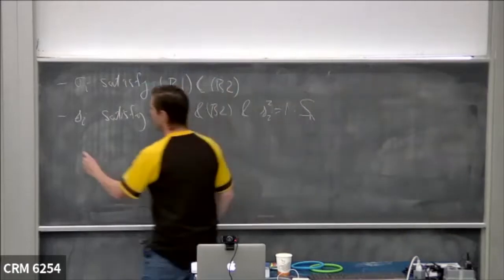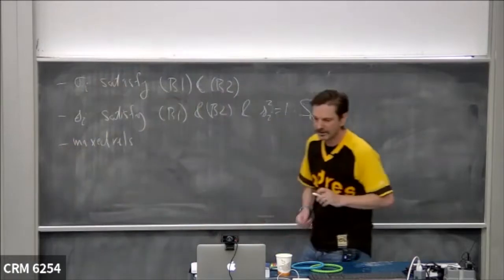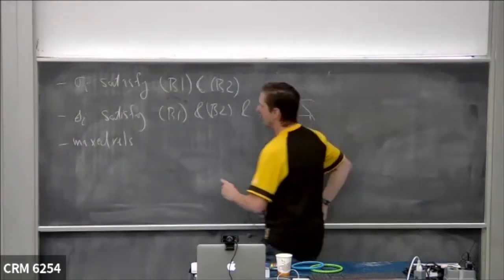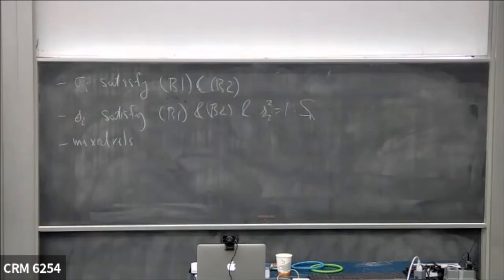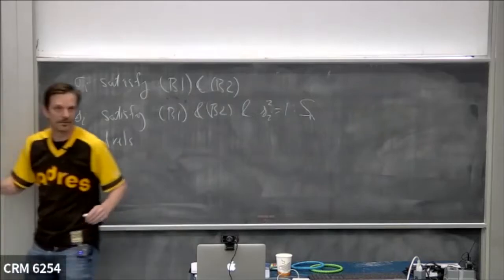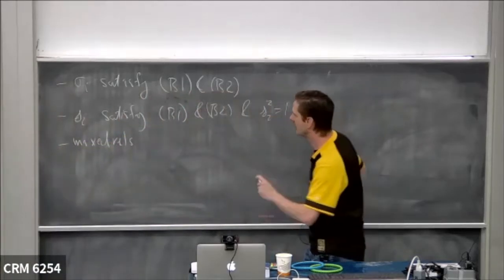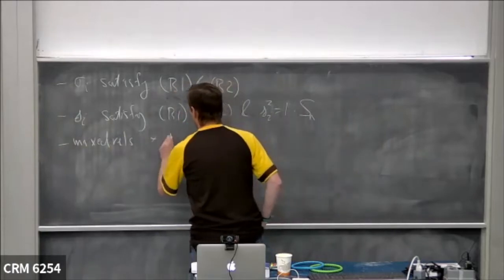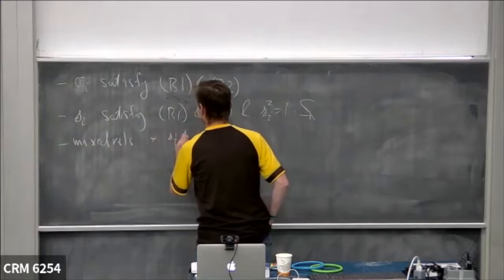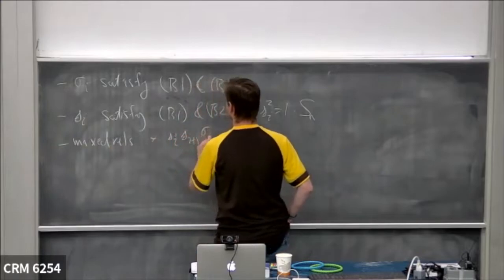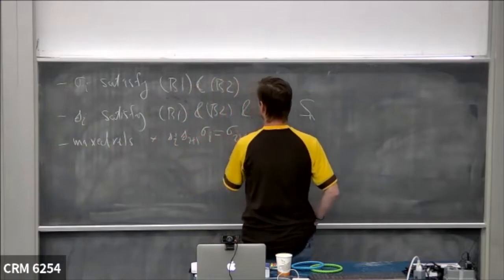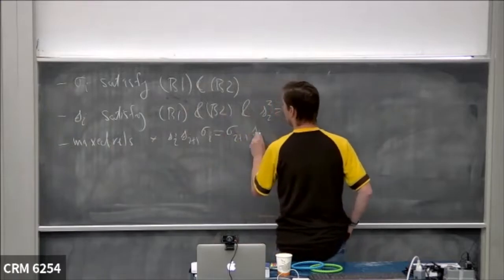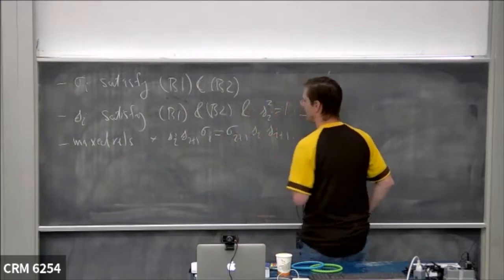And then there are the mixed relations. Okay, so what are the mixed relations? So they look a lot like this, just where some of the sigmas turn into s's. So I'll write down what they are. S i plus 1, sigma I is equal to sigma I plus 1, S i plus 1.